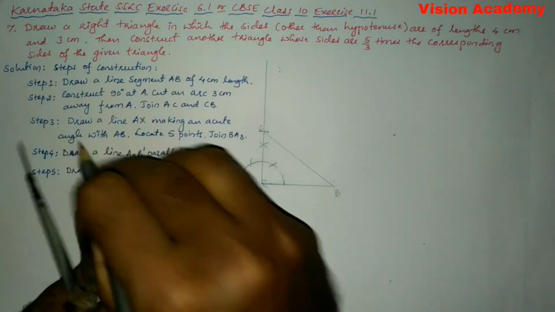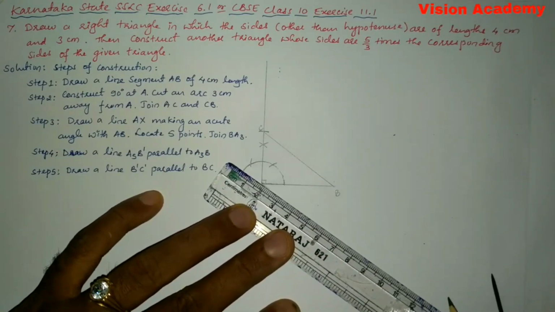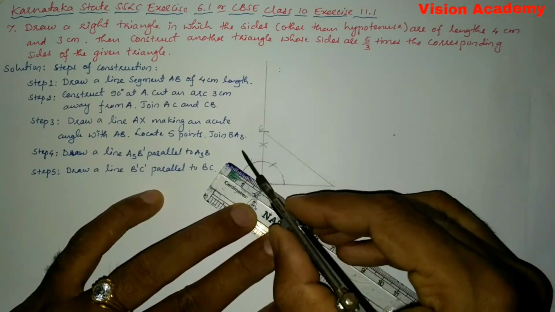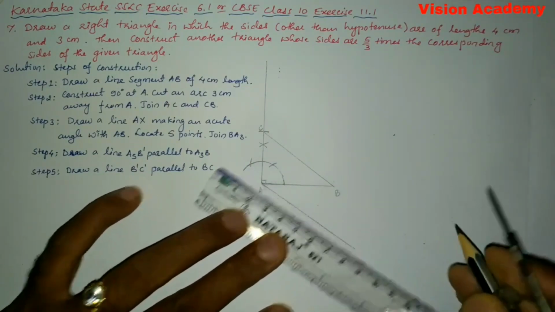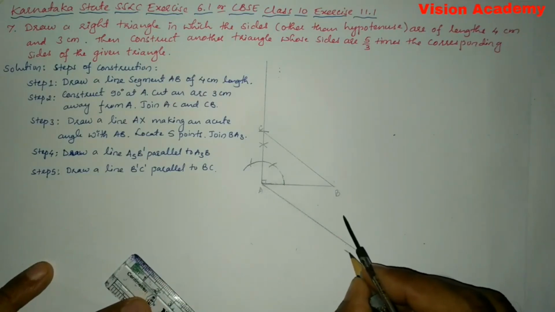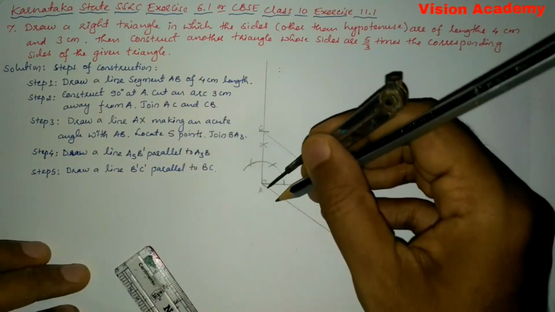Now step 3: draw a line AX making an acute angle. An acute angle is less than 90 degrees. Here let us name this as AX. Next, locate 5 points.